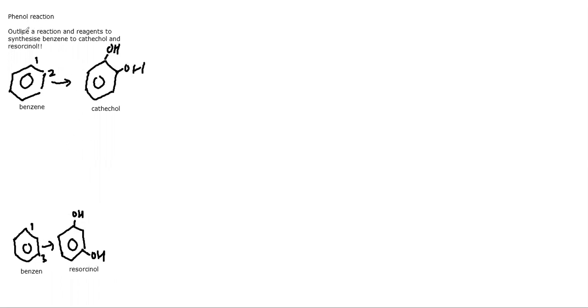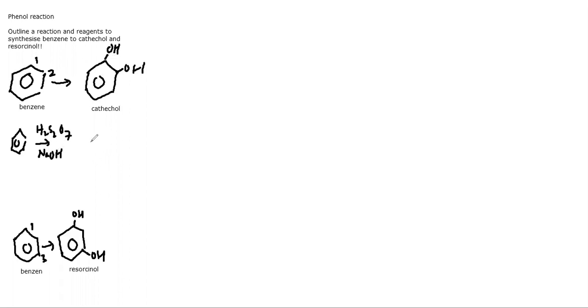So how do we convert this one? First, if we have benzene, we can add oleum, H2S2O7. And because we need an OH, we need a base or alkali in the system.